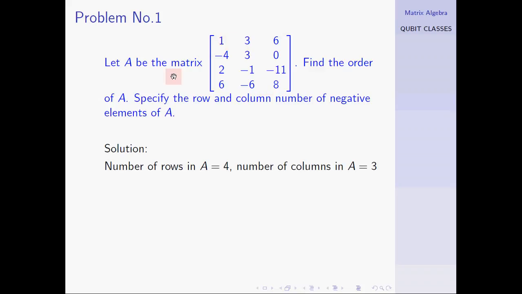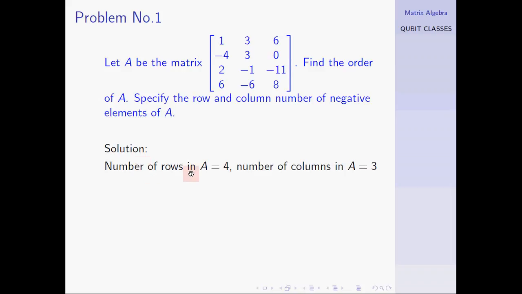Now, a matrix is a rectangular arrangement of numbers. These horizontal sequences are known as rows, and these vertical sequences are known as columns. So, any element of a matrix belongs to one row and one column.